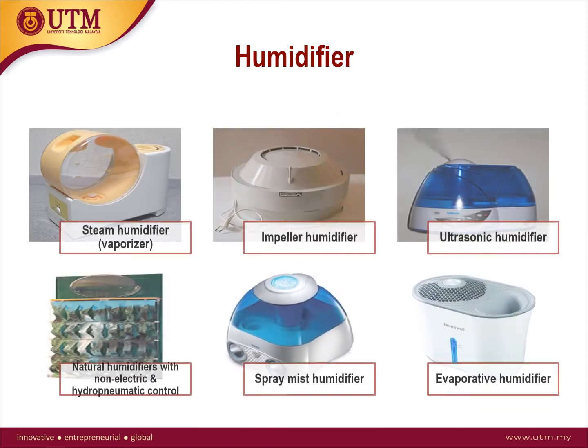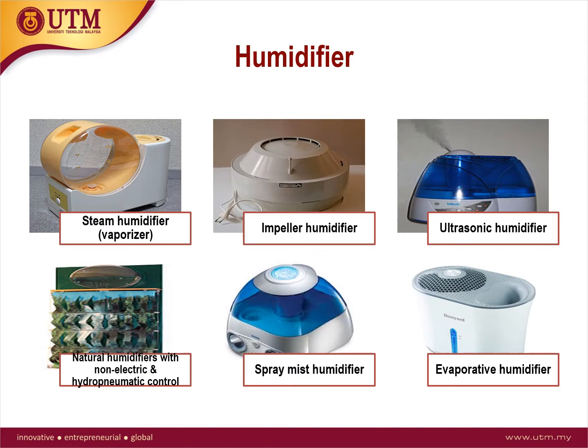There are various types of humidifiers. For example, the steam humidifier or vaporizer and the impeller humidifier are called natural humidifiers. These are usually non-commercial devices that can be assembled at little or no cost. Then, the ultrasonic humidifier.